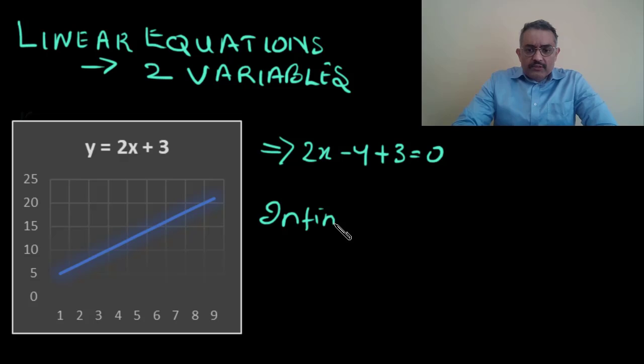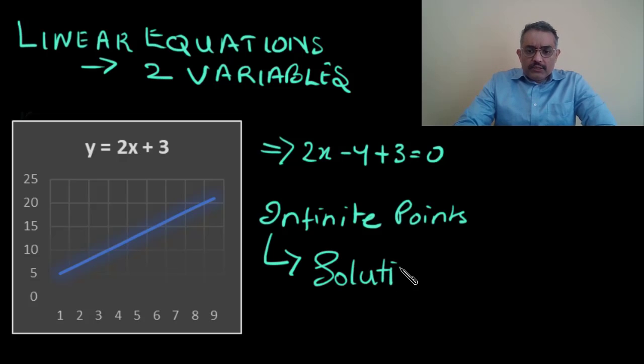Now every point is actually a solution to this equation, because every single point satisfies 2x minus y plus 3 equal to 0.